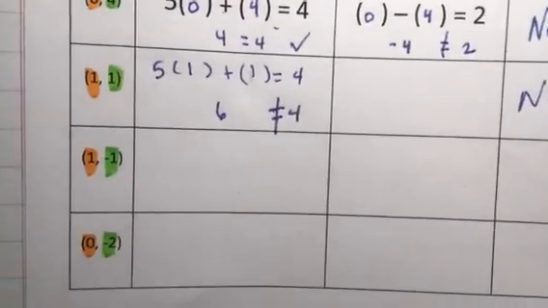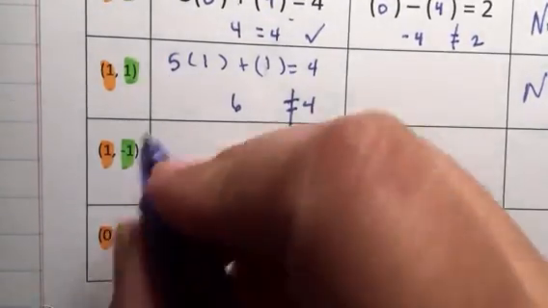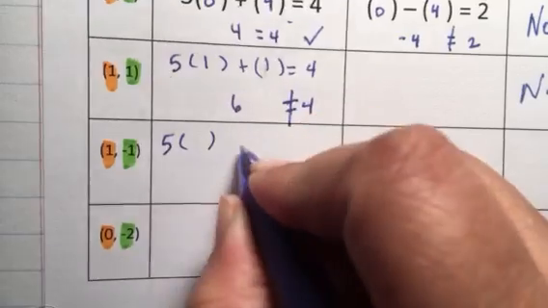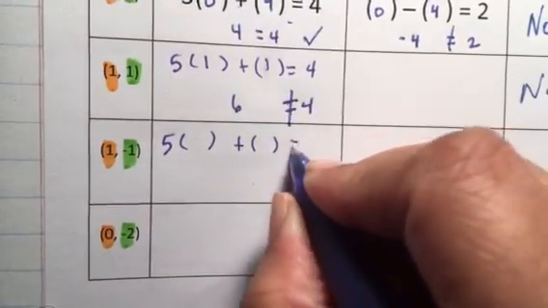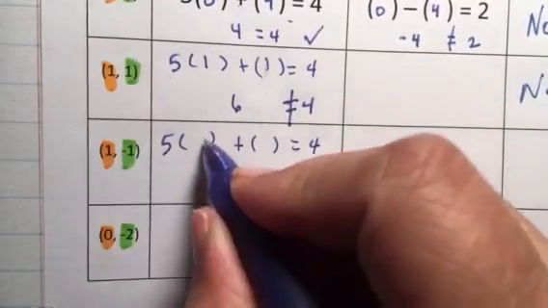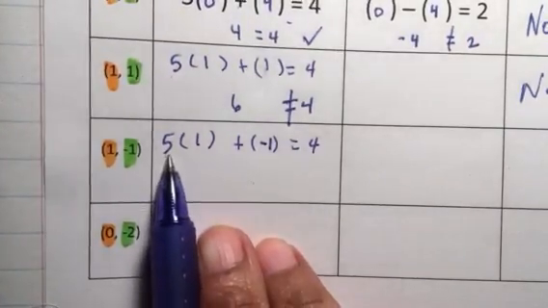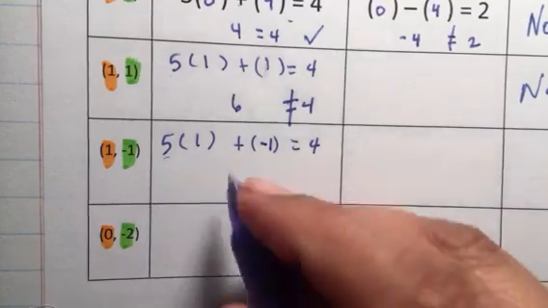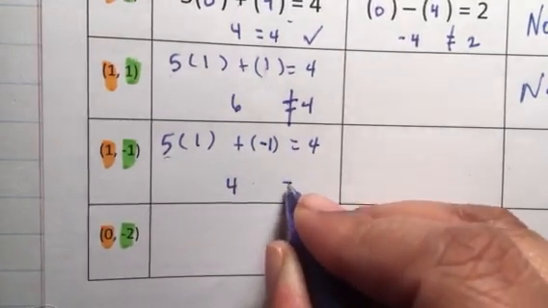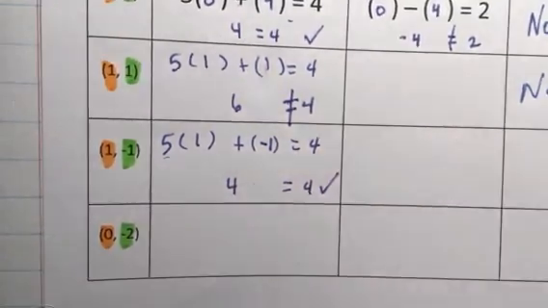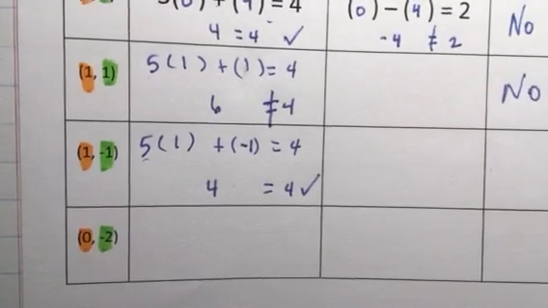Let's look at the third one. 5x plus y equals 4. I'm putting 1 here, negative 1 here. I put this in the calculator and it gives me 4. Does 4 equal 4? Yes, it does. So I need to check the other equation.